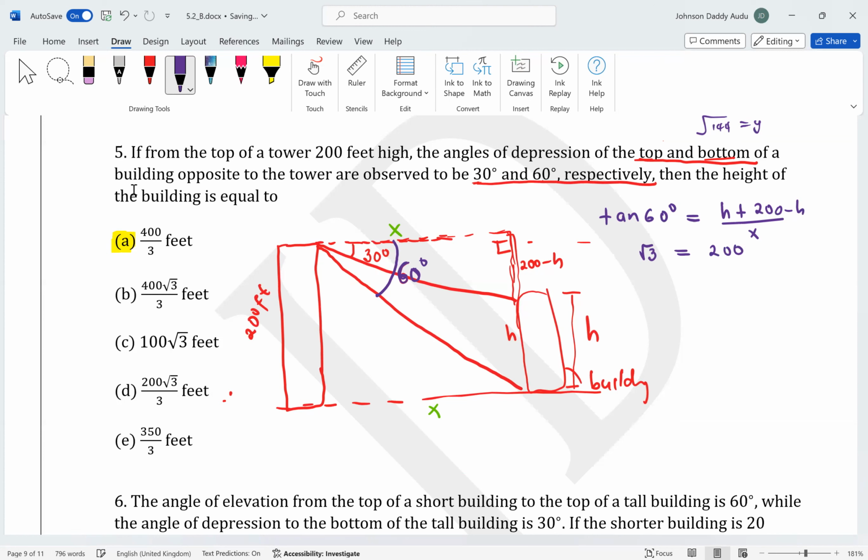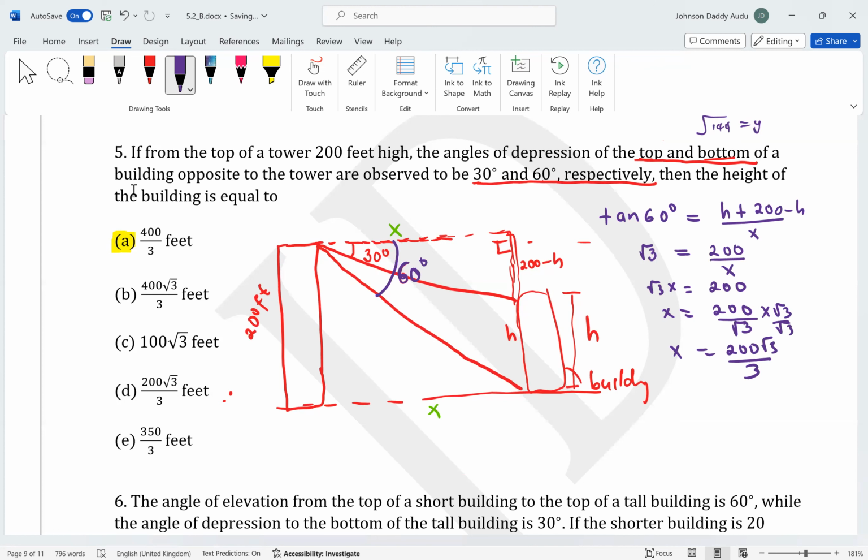It's going to be the same length over x. So you have root 3 times x is equal to 200. So x will just be 200 over root 3. We can multiply by root 3. So x is just 200 root 3 over 3.